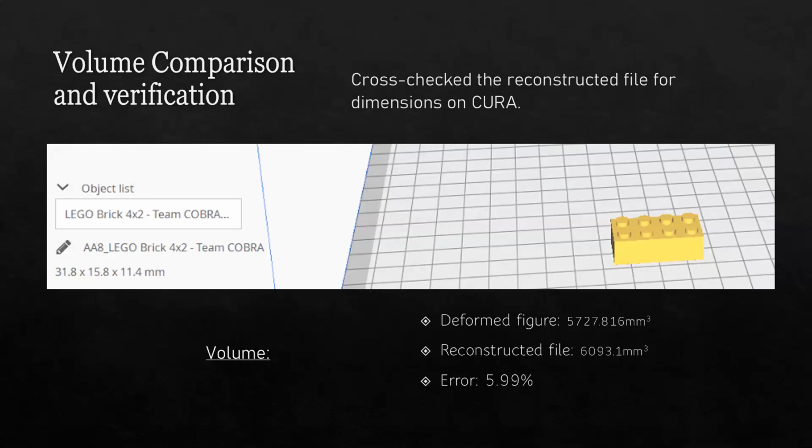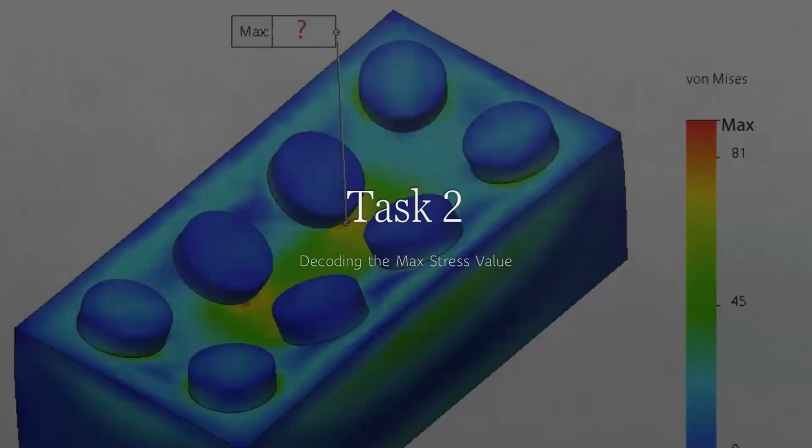And as we did that, we came to a point where the bounding box is very similar to the one that the deformed part generated. And when we cross-checked with the actual standard dimensions of a Lego brick, we found that the Lego brick's bounding box is very close to the VRML file's bounding box. Next slide, please.